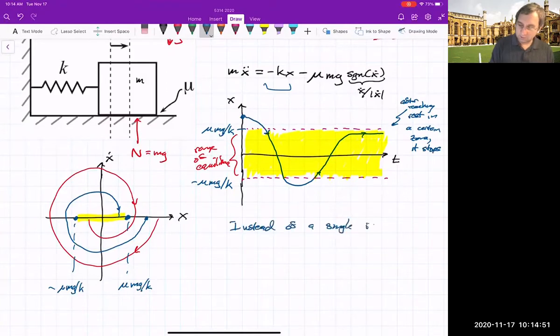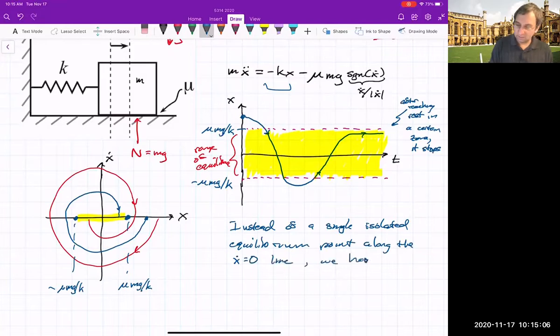So instead of a single isolated equilibrium point along the x dot equals 0 line or the x-axis, we have a range, a band of equilibria. And where you end up depends on where you released. Okay.